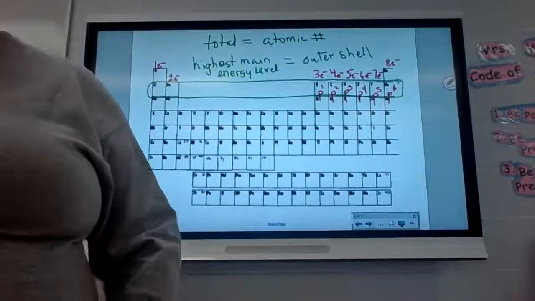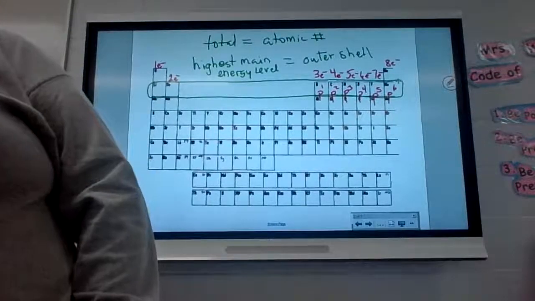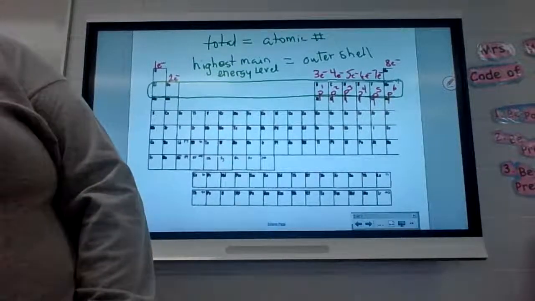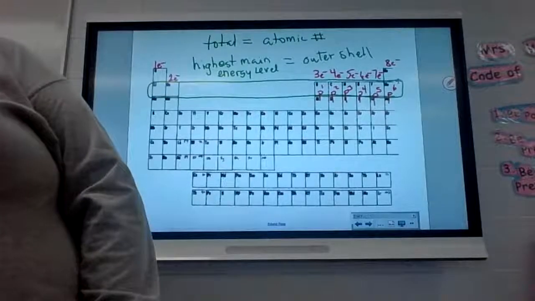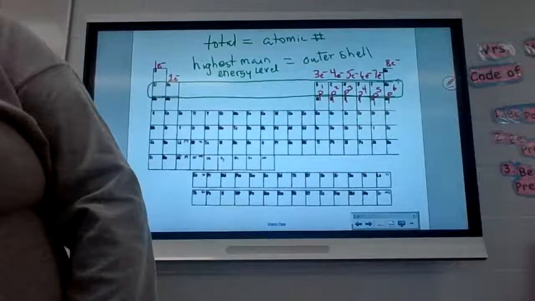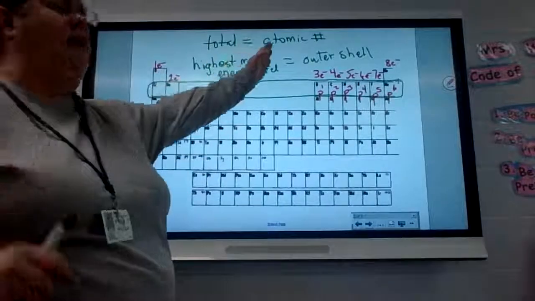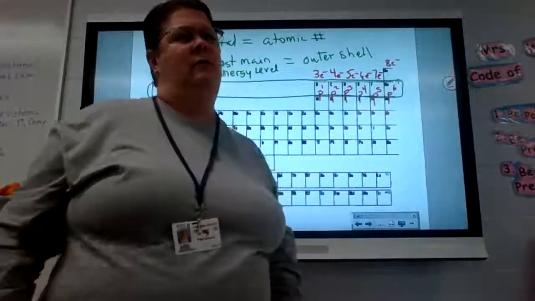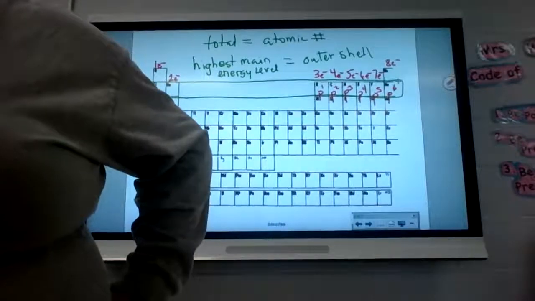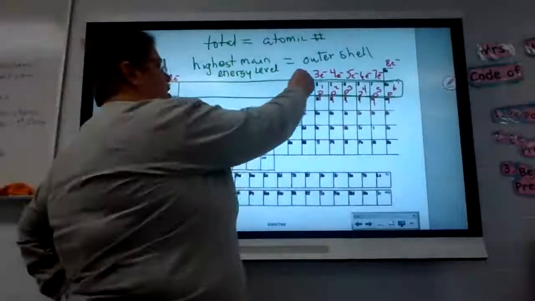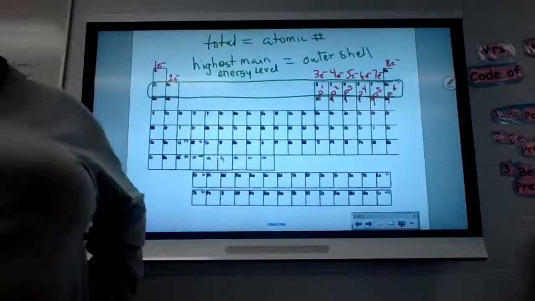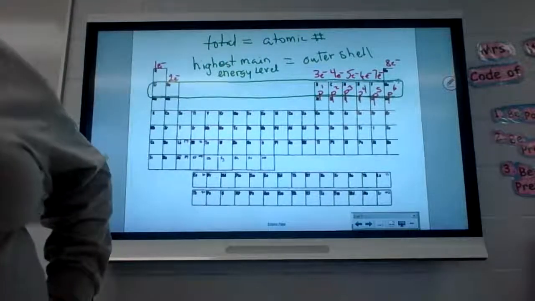Oh, okay. So even if it says 3 half-filled, it still means half. Because I was thinking that it would mean 3 elements. So you're starting over here and counting 3 elements? No, I thought it meant like 3 half-filled elements. So you start here and you count over 3. 1, 2, 3. In the opening, it was like which one is the half-filled p orbital. It never said 3.